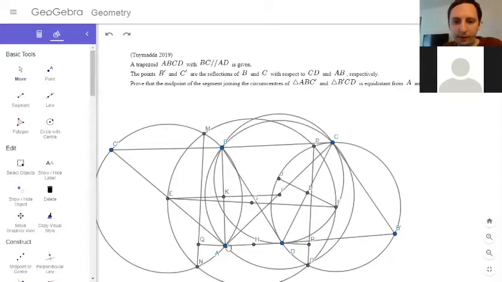You want to show the distance from A to the radical axis of those two circles is the distance from D to the radical axis of those two. I wonder if I could use Casey's theorem another time, actually.